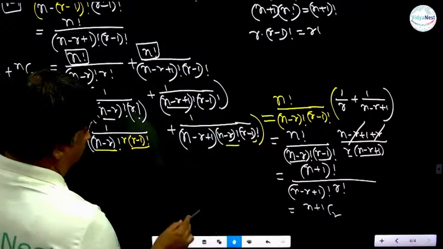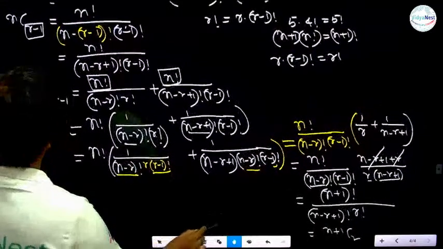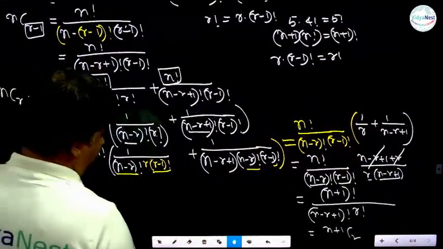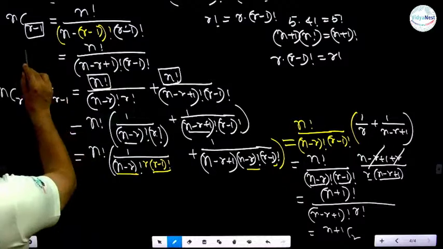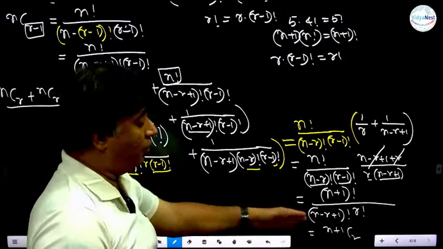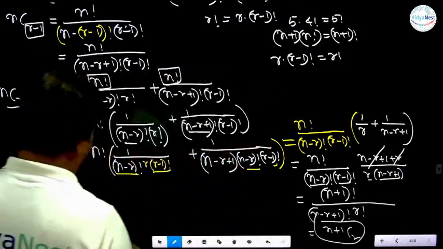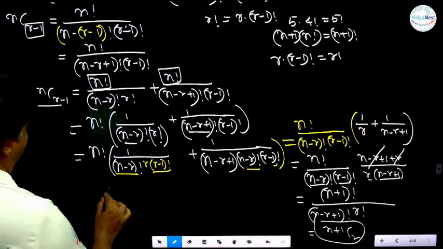So, to observe, we proceeded from nCr plus nCr minus 1, and after prolonged simplification, we have got this result. So, what conclusion can I draw?